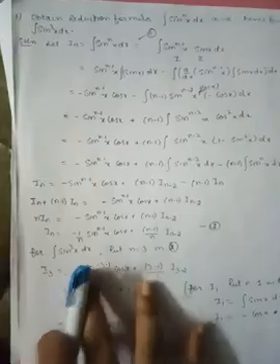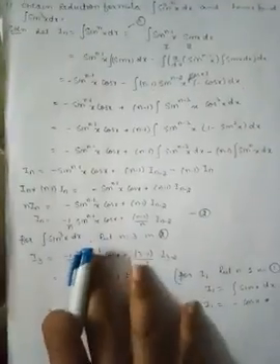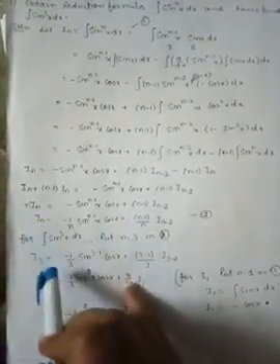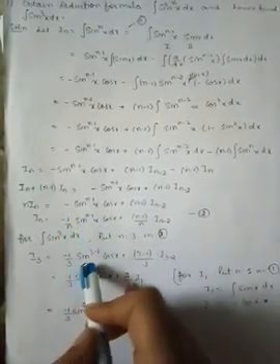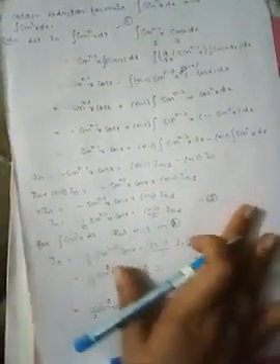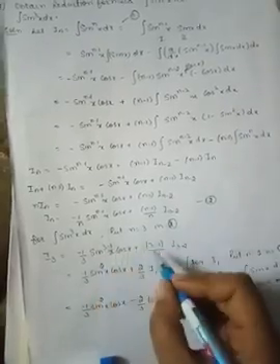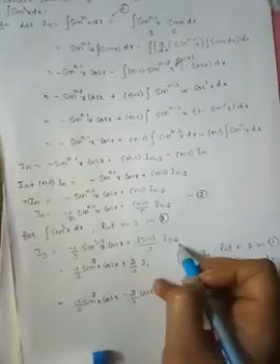Now we want to calculate the value of the integral of sin^3 x dx, that means we have to substitute n is equal to 3 in equation number 2. When we substitute n is equal to 3, we will get minus 1 by 3 sin^(3-1) x into cos x plus (3-1) by 3 I_(3-2).